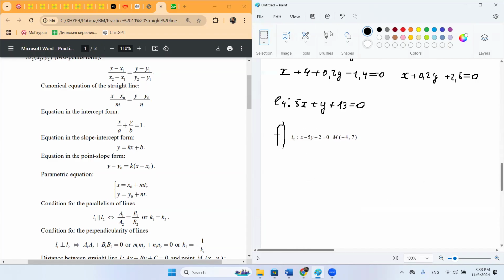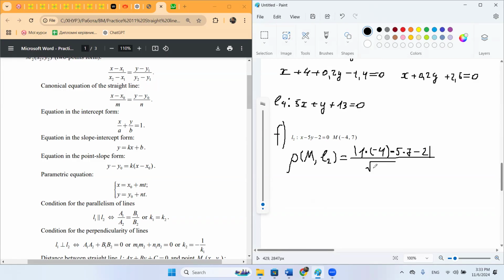So basically we have here everything that we need. We have coordinates of point M and coordinates of the normal vector. So 1 by -4 minus 5 by 7 minus 2, divided by the square root of 1 plus 25.